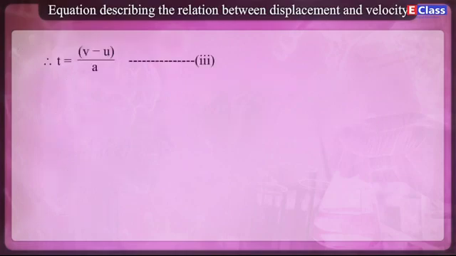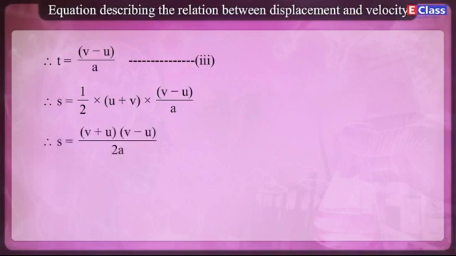Therefore, t is equal to v minus u upon a. Therefore, s is equal to 1 upon 2 multiplied by u plus v multiplied by v minus u upon a. Therefore, s is equal to v plus u, v minus u upon 2a.